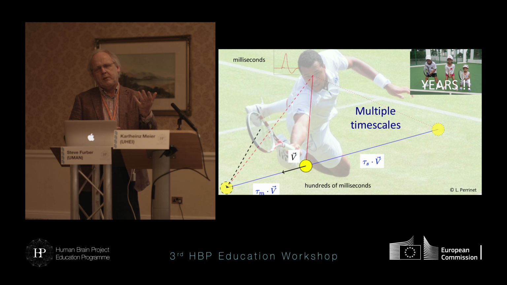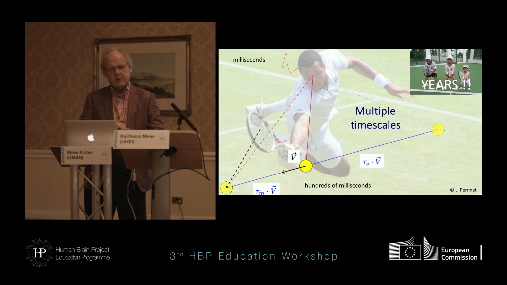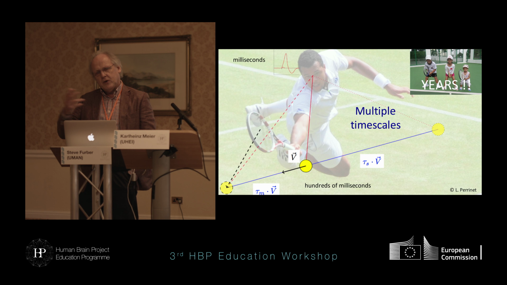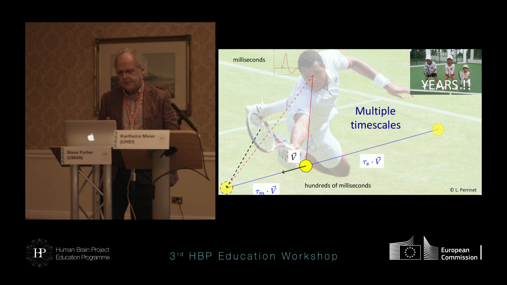They are controlled by events happening in the brain on time scales of milliseconds. And, of course, in order to play like a professional tennis player, you have to start young. And therefore, learning to play tennis is something which takes years. Again, if you're going to understand the brain, you've got to cover all this range of timescales.